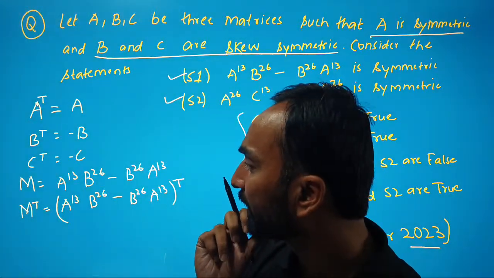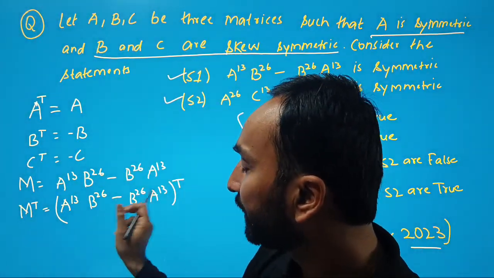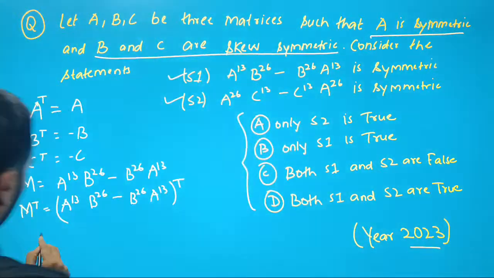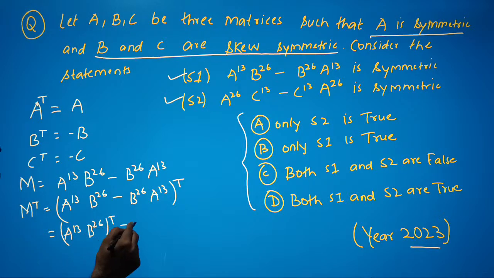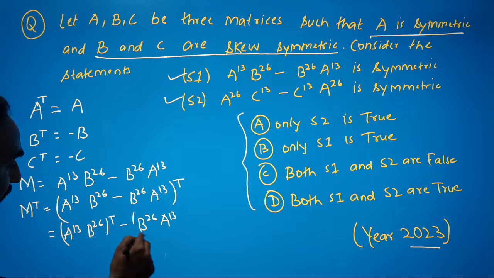Now we can write this as (A^13 B^26) transpose minus (B^26 A^13) transpose, right?